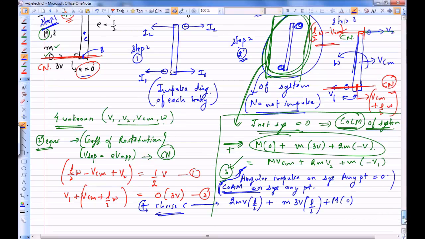So that's our part 1. That should be equal to the angular momentum of the system, that means angular momentum of M, 2M and capital M about C just after collision.